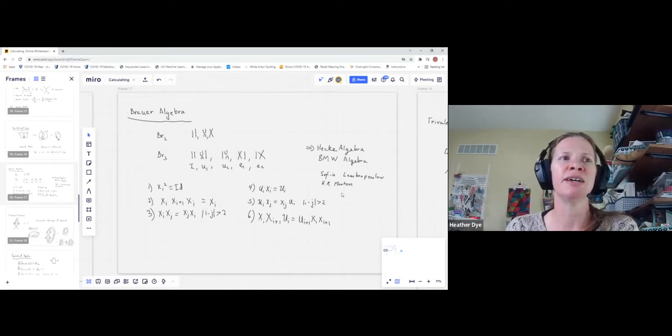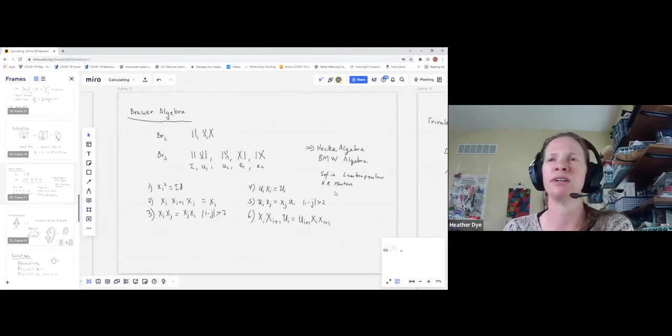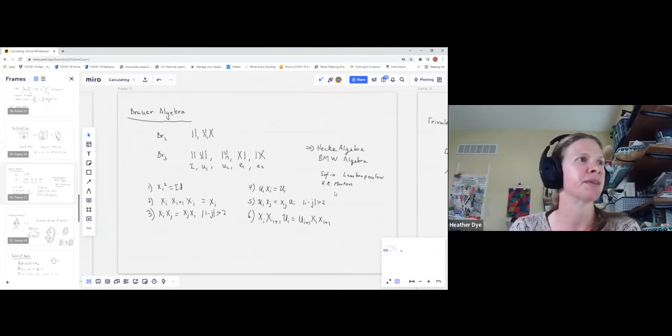I know Sophia and Hugh have done some work on those, and they've produced invariants of knots and links. The big problem here is we don't really know what happens to the Q symmetrizer when we move to the Brauer algebra. So let's look at the next picture.